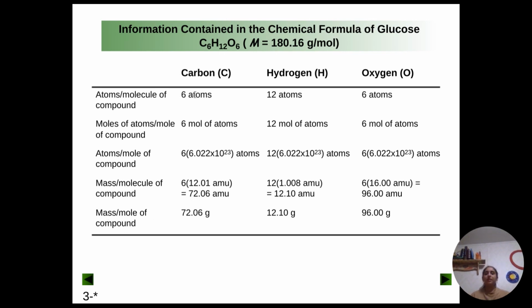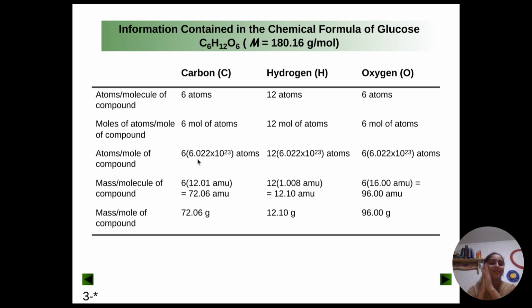In carbon, the number is 6, so you have 6 atoms. Hydrogen 12, oxygen 6. The moles carry over, so 6, 12, 6. And then here is where you're inserting Avogadro's number to figure out your atoms. So 6 times 6.022 times 10 to the 23rd.